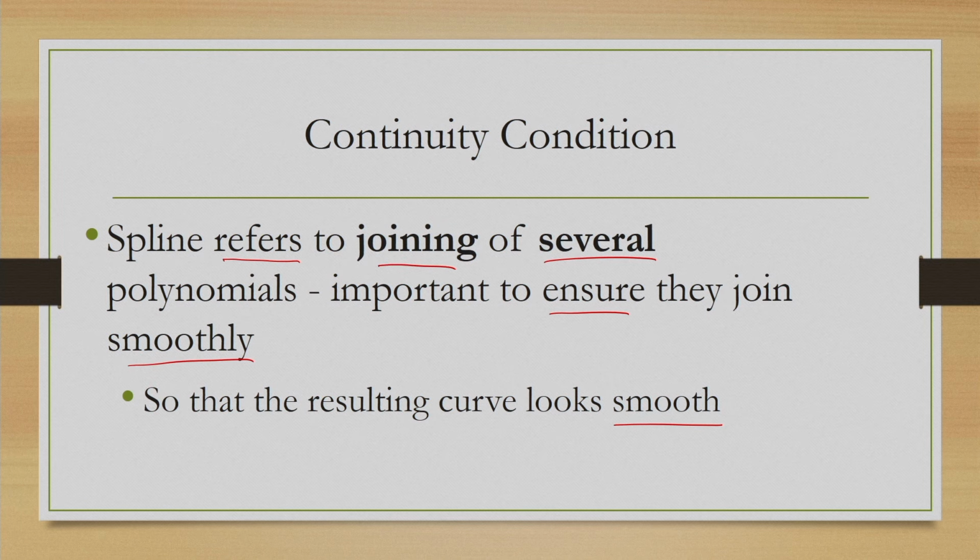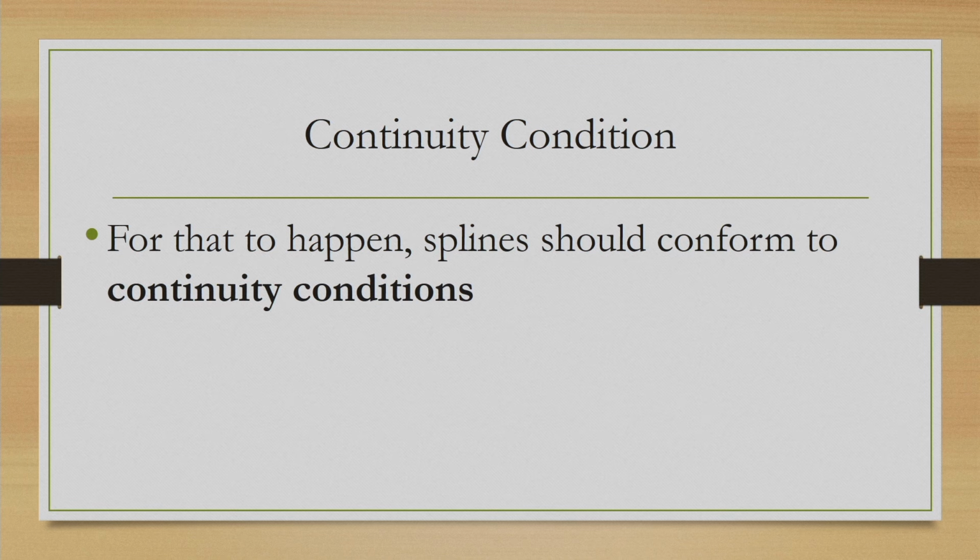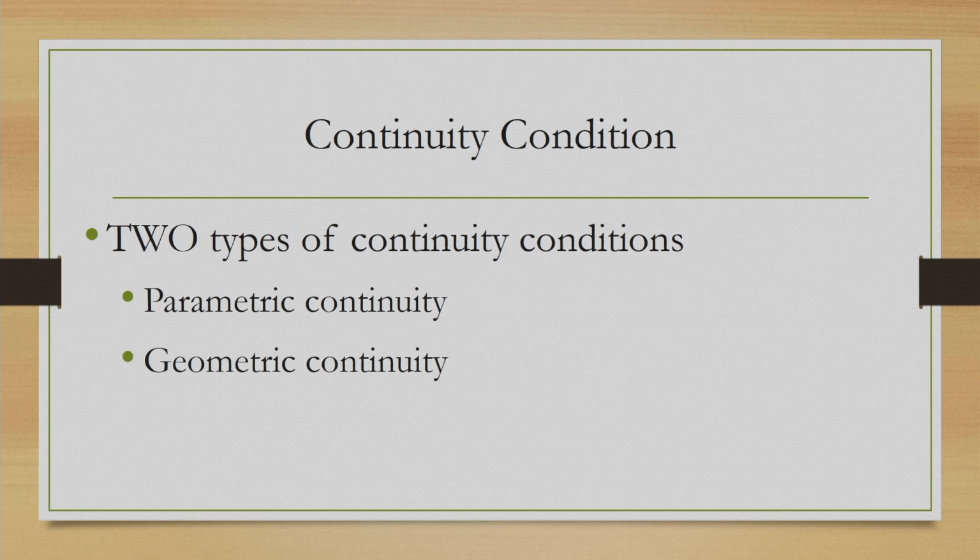Now, how to ensure that? In order to ensure that to happen, splines must conform to what is known as continuity condition. There are several such conditions. Broadly, they are of 2 types. One is parametric continuity condition and other one is geometric continuity conditions.